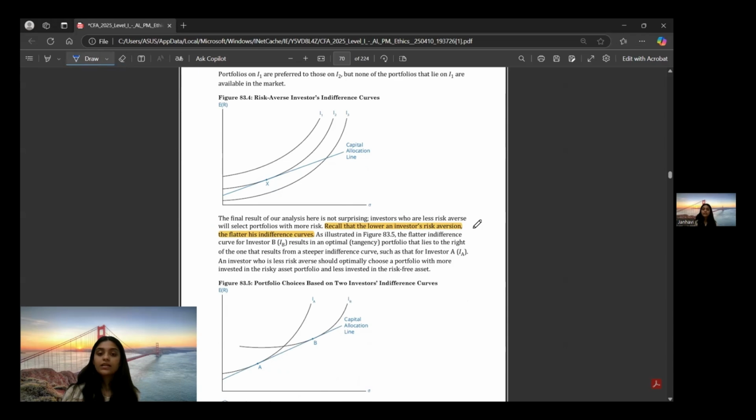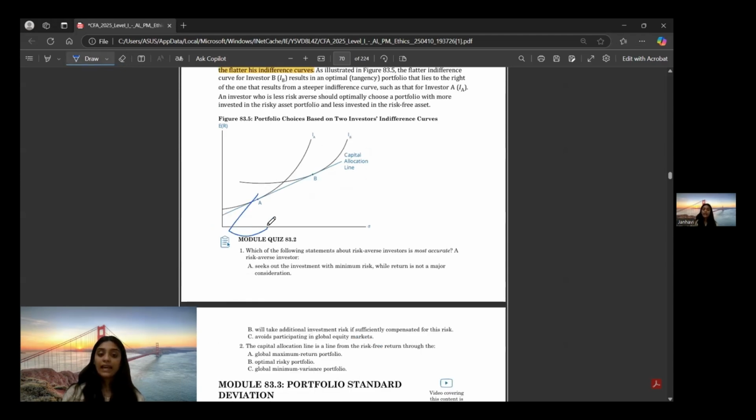The lower an investor's risk aversion, the flatter his indifference curve gets, like this. There is an A and there is a B point. Now these two are different investors who want different risk and return combinations.